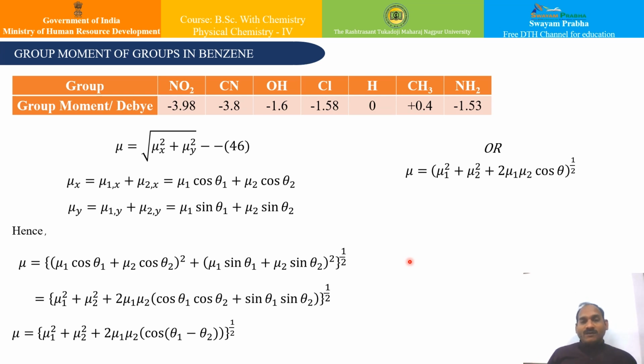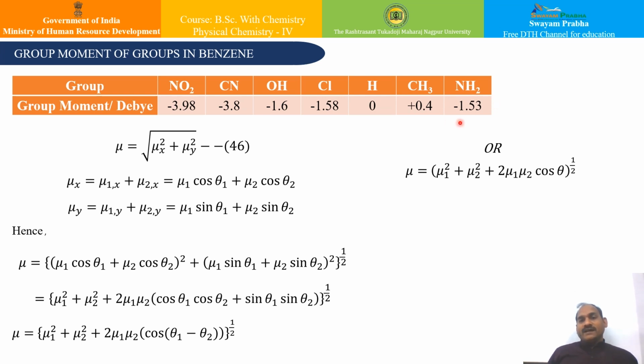We have tabulated some of the values in this table, which includes the group moments of a few groups: nitro group, cyanide, hydroxide, chlorine, hydrogen, methyl group, amine group. For the nitro group it is minus 3.98, cyanide minus 3.8, hydroxide minus 1.6, chloride minus 1.58, hydrogen 0, methyl group plus 0.4, and amine minus 1.53.